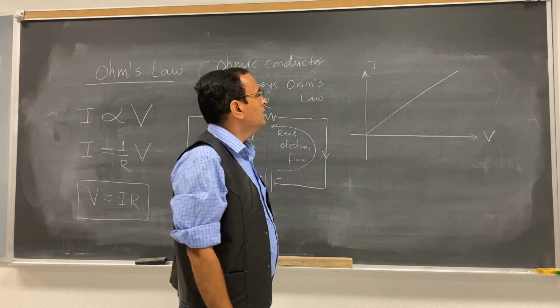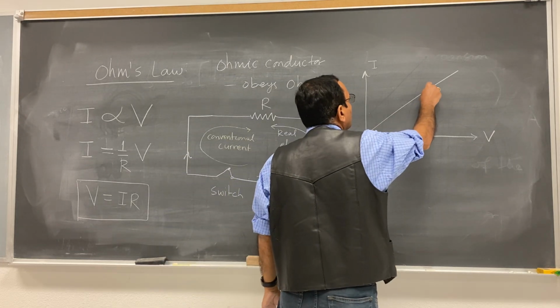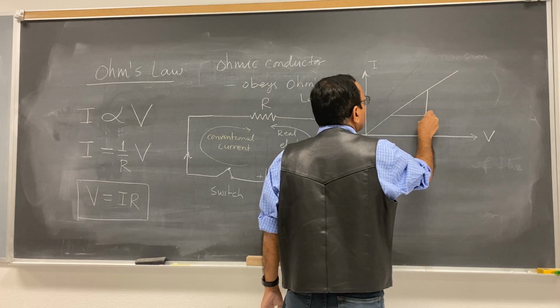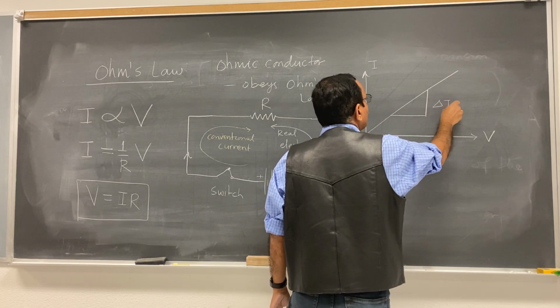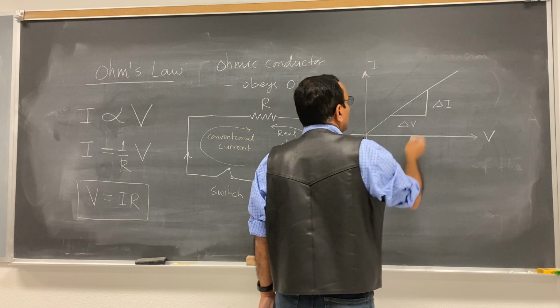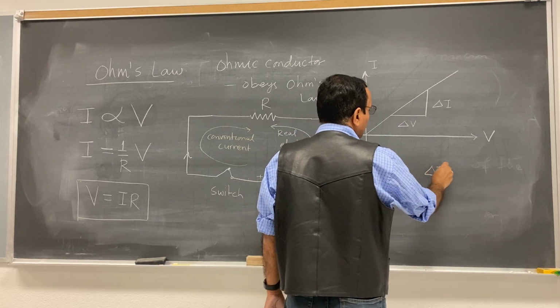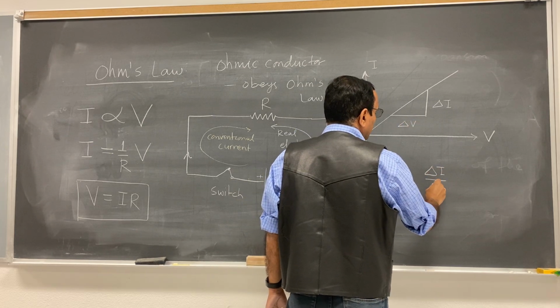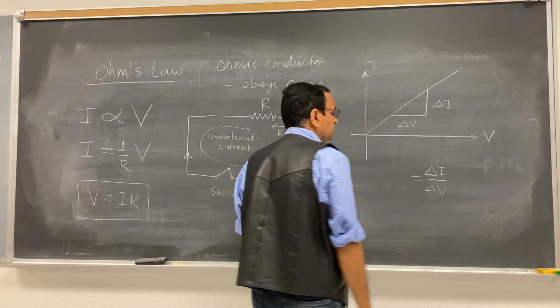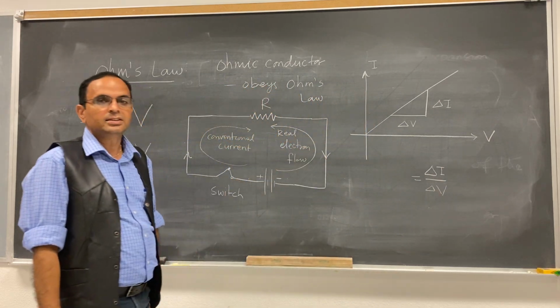Okay, and if you get the slope, this is your delta I and this is your delta V. So what is delta I divided by delta V in this graph? That is the slope, but what is that quantity?